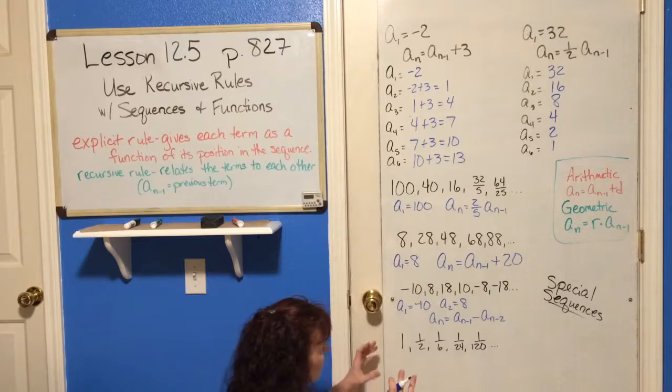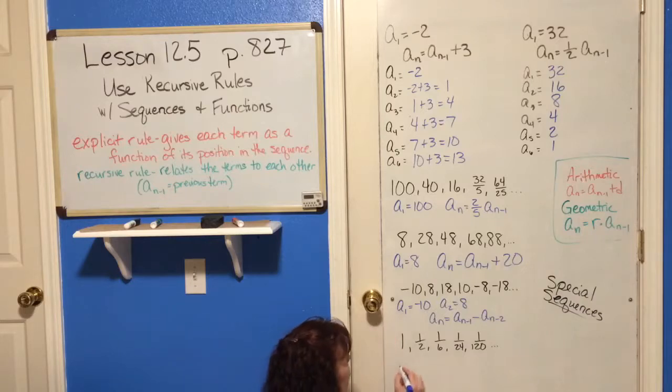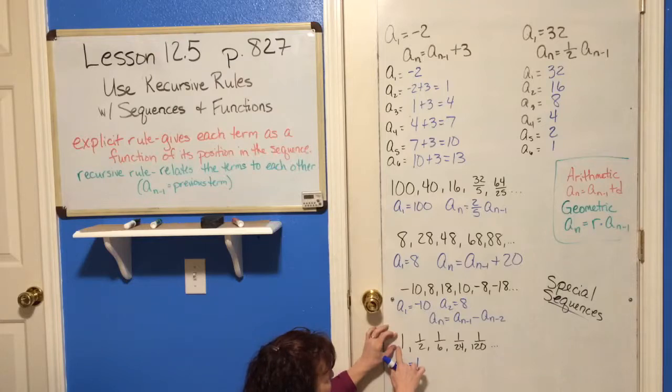All right. In this last one, let's try again. So in this case, the initial term is just 1. That's easy. And now let's see, we've taken the first term. Oh, you know what this is?